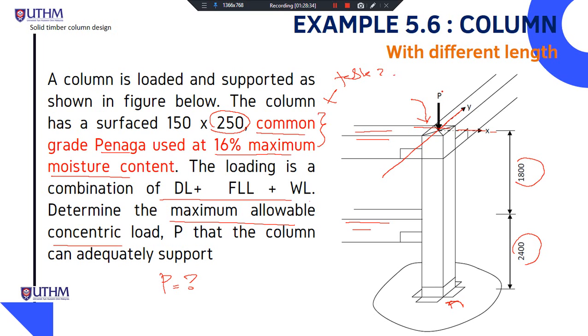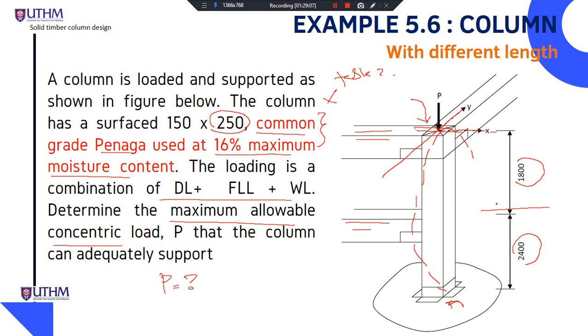So if this loading is applied on this column, it can cause two types of bending or slenderness bending. The first one is in the X direction. Here is X, and our bending direction for X is in this direction.